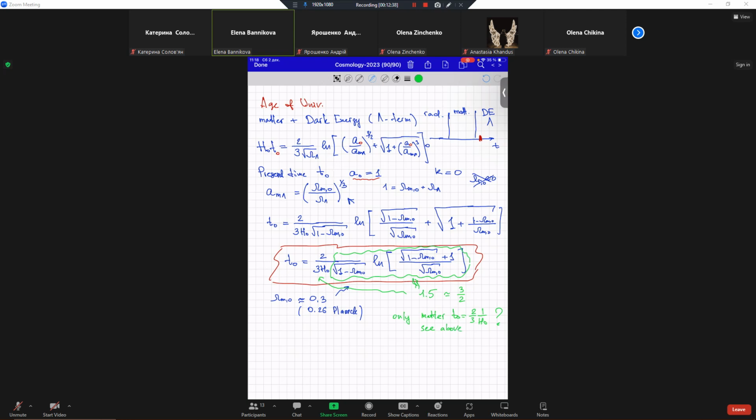Now you can see that if we take into account only matter, okay, since the previous lectures. So now we can see that if we also take into account dark energy, the T0 approximately, and if we put in all the values, we will obtain the age of the universe as approximately 13.8 or 13.7 billion years.